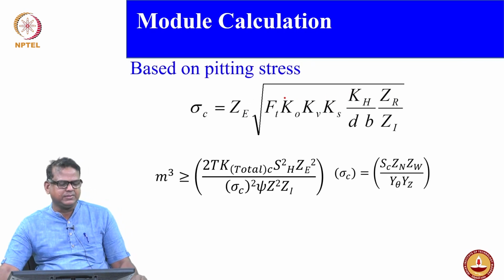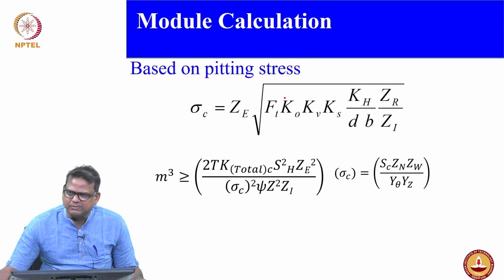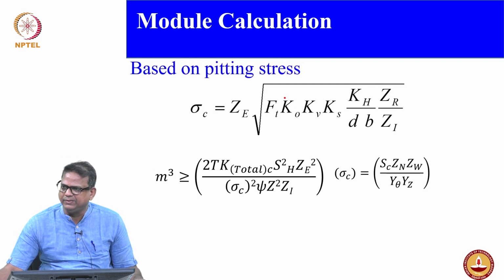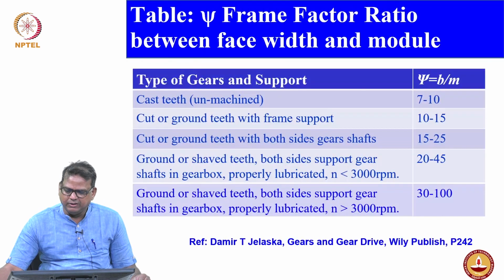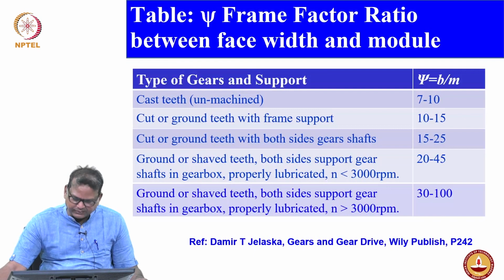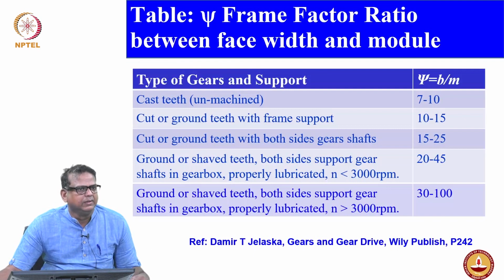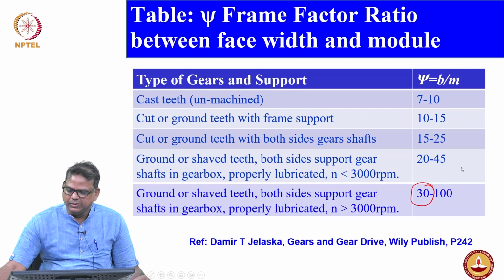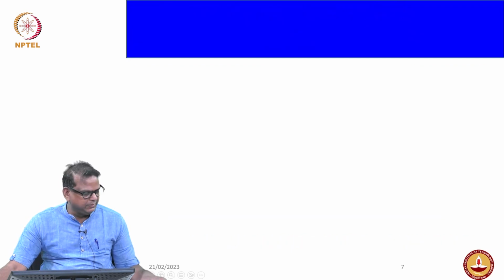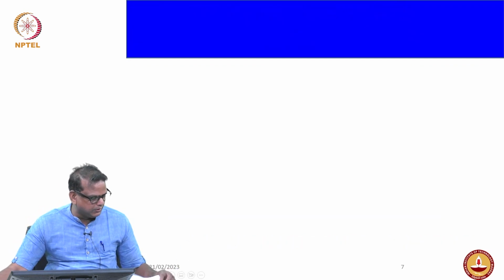In fact, as I said, since the pitting stress is higher than the bending stress, we prefer to use pitting stress based calculation for your model aspect. Of course, there I talked about the psi factor, which is a frame factor ratio, or else we can say a structural support. We have chosen the psi value as 30, the lowest value, and we got our model calculation.